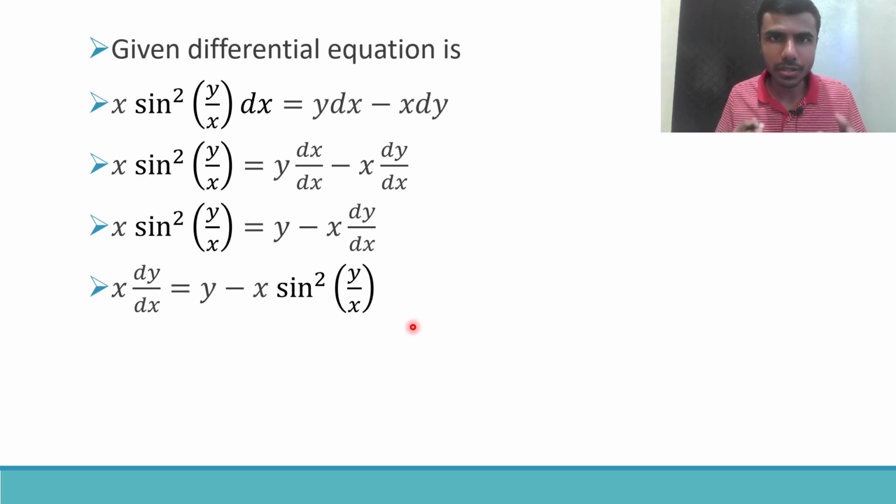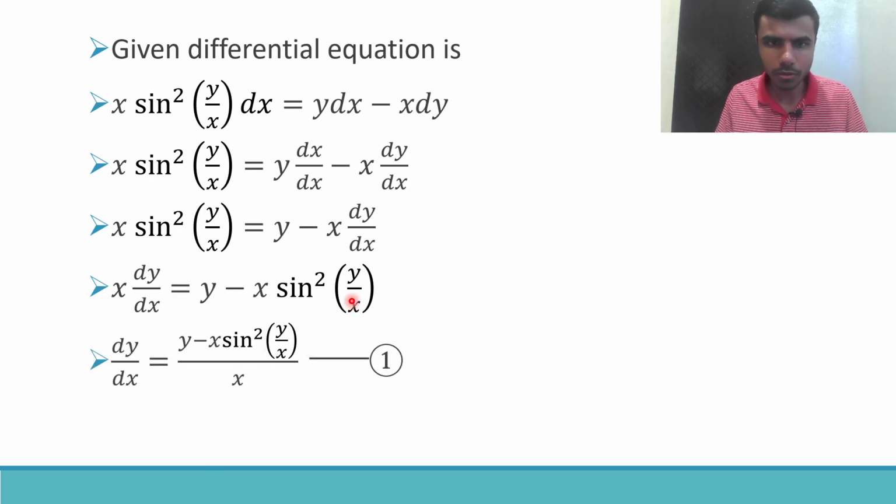I hope things are clear up till now. Next, I want to write this like dy by dx is equal to something. Here I have x into dy by dx. Just send the x to the RHS. If I were to do that, I'd get dy by dx is equal to this numerator divided by x.